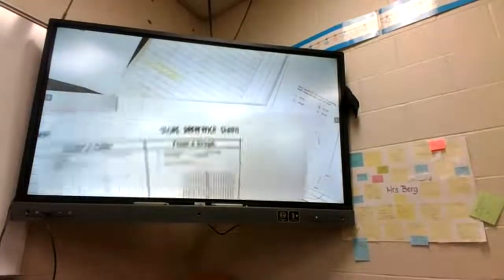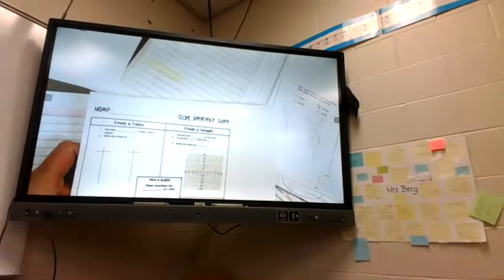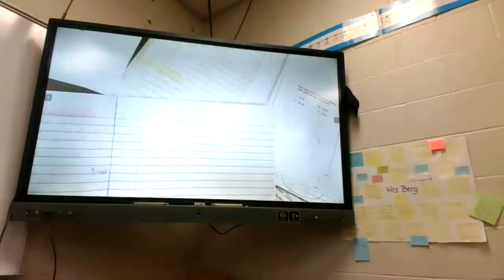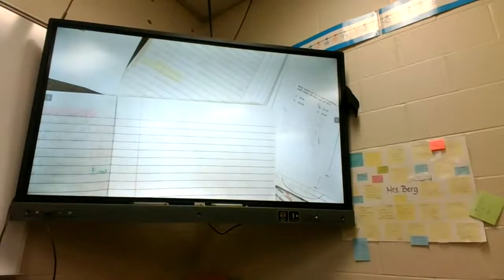Okay, the first one is the slope reference sheet. Go ahead and cut around the outside, and you're going to need a left side, right side for this. A left side of the paper notebook and the right side.